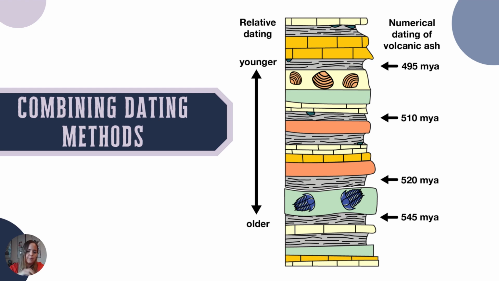For example, the yellow layer at the top with the shells in it, we can say it's somewhere between 510 million years and 495 million years, but we can't say specifically that it's 500 million years because we can't date that layer. So we can say it's bracketed between those based on the layers that we could date radiometrically. This is how you would use those two together.